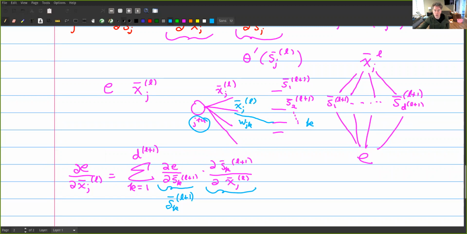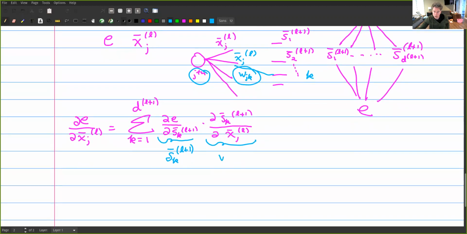So if you take the derivative with respect to XJL, you just get WJK. So this part just becomes WJK, L plus 1.